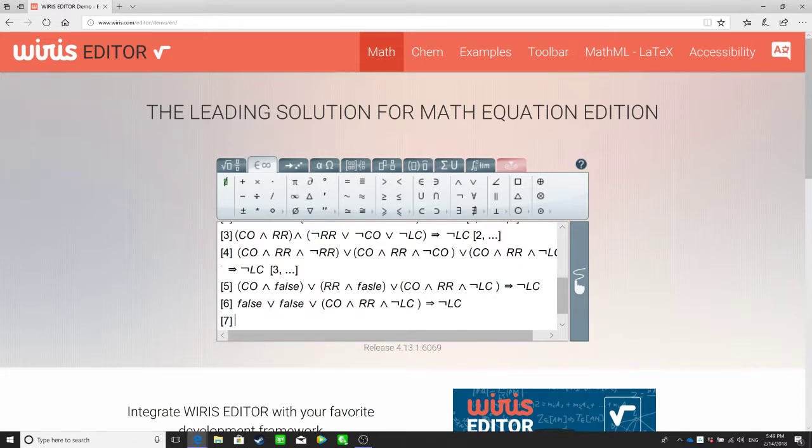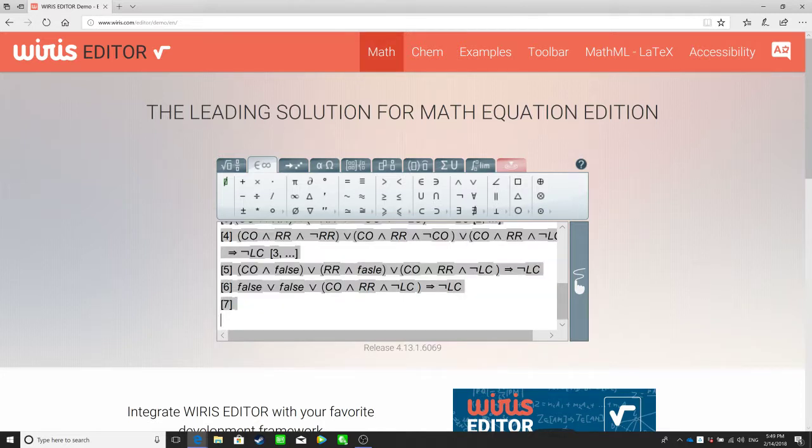Because they are all false, this whole expression depends on the last part, CO RR LC implies LC, right?